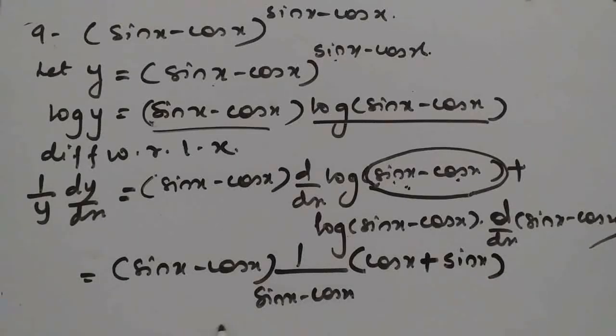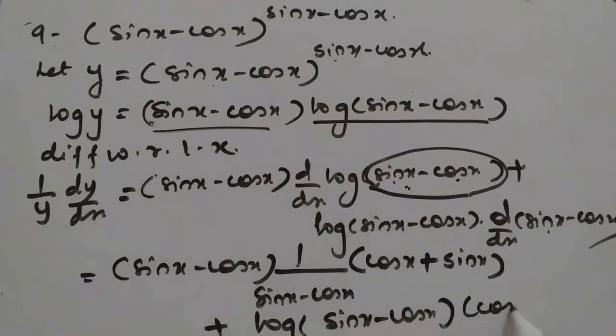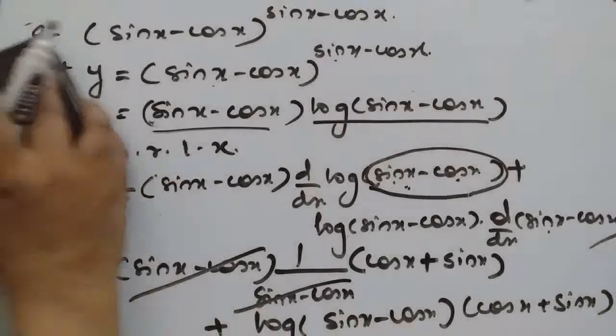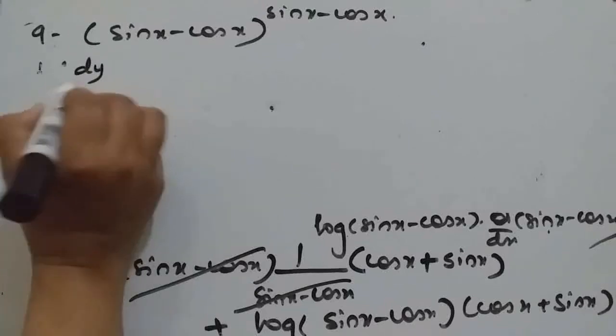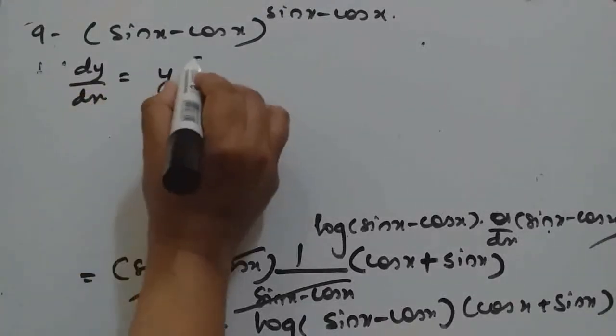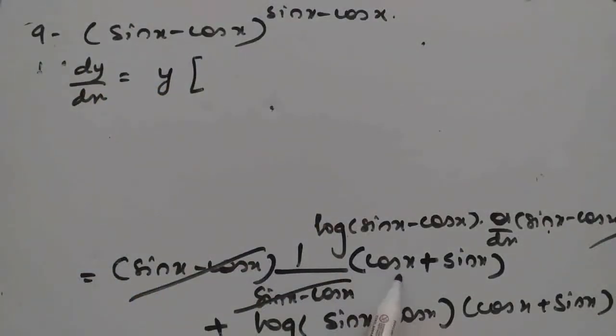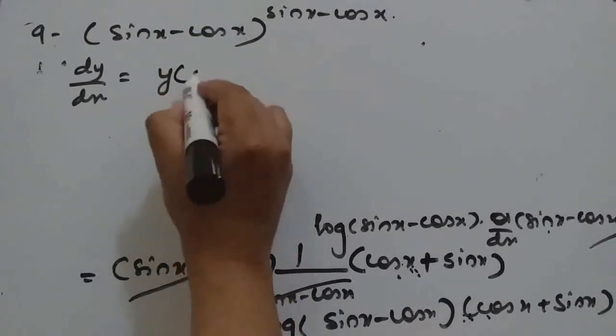Plus log of this bracket is same, and derivative of this will be cos x plus sin x. So see, this bracket will go. So dy by dx we can write y into cos x plus sin x. From both the brackets, both the terms, we can take common cos x plus sin x.